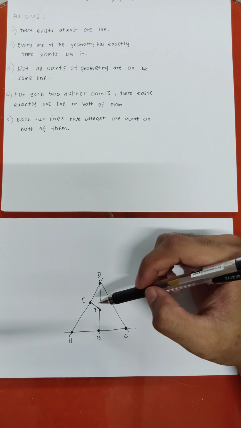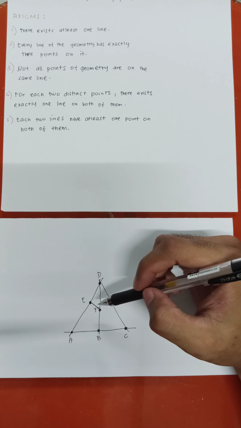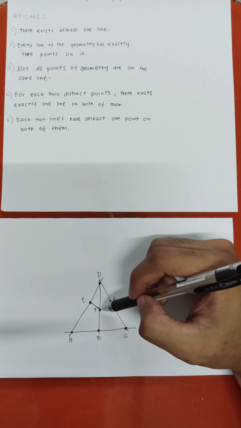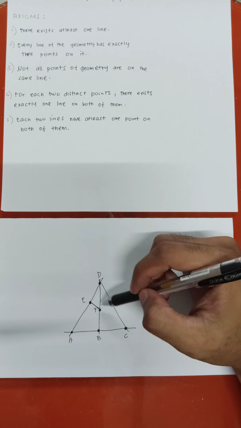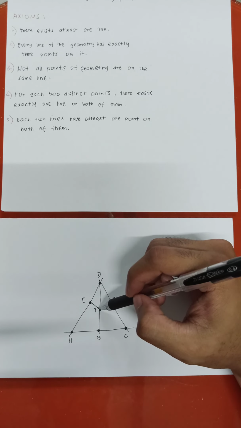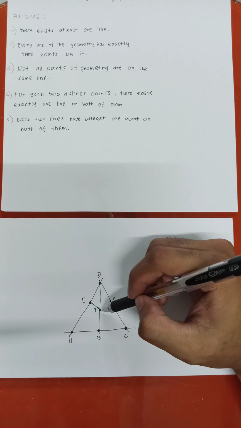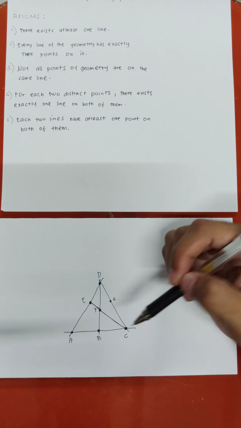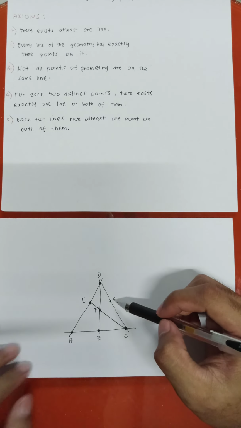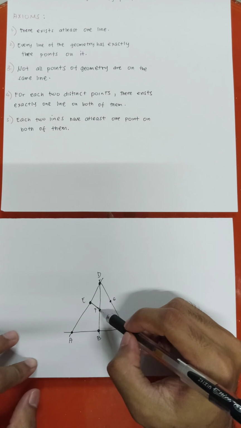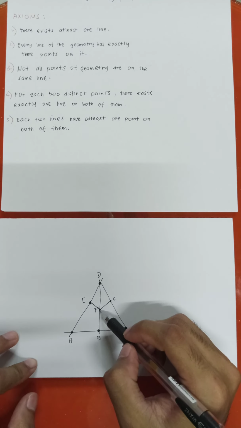But in the Fano Plane, all points must be connected to each other. So the best way is by connecting them to point C. The same goes for point G and point F. Then we must connect it to point A.